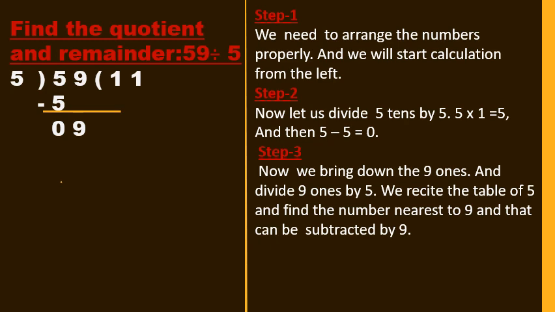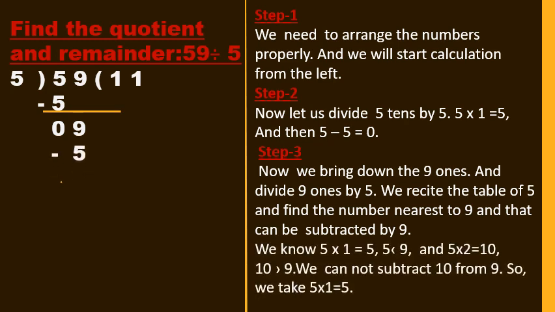Now we will talk about step 3. So we need to bring down the 9 ones and then divide 9 ones by 5. Now we recite the table of 5 and find the number nearest to 9 and that can be subtracted from 9.